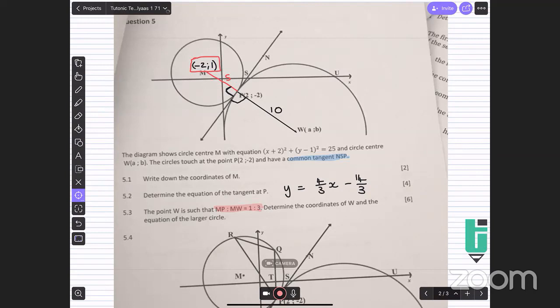Can you use the equation of the circle and then sub in P's coordinates, and then for the y value, you can sub in the equation of the tangent into it?